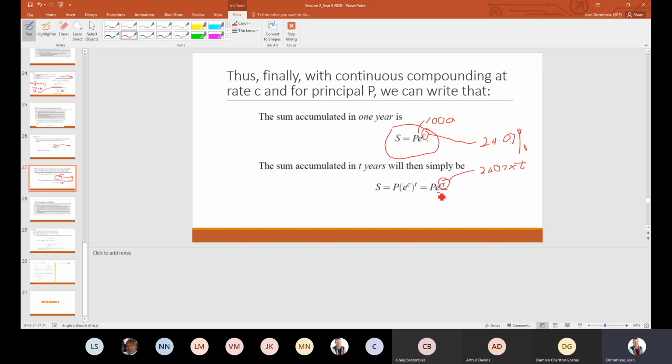So again, it is important to understand this formula and how to use it. With continuous compounding, we're not able to use the programmable calculator for that. We will need to use the formula and substitute the values that they give you into that formula.